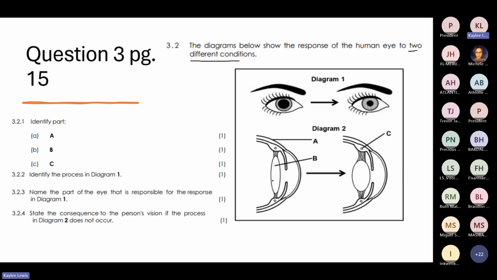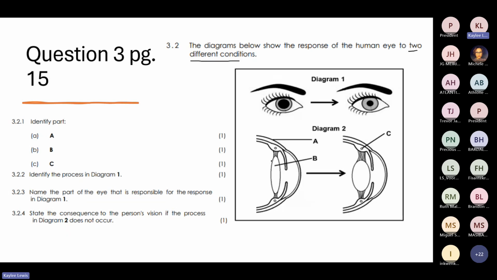I can see here the lens is less biconvex, and over here, the lens is more biconvex. It's bulging out more. You can also see the difference in the suspensory ligaments. Here it's taut, it's tightened, the tension's increased on the lens, and here the suspensory ligaments have slackened, so the tension's decreased, and that's caused it to bulge out more.